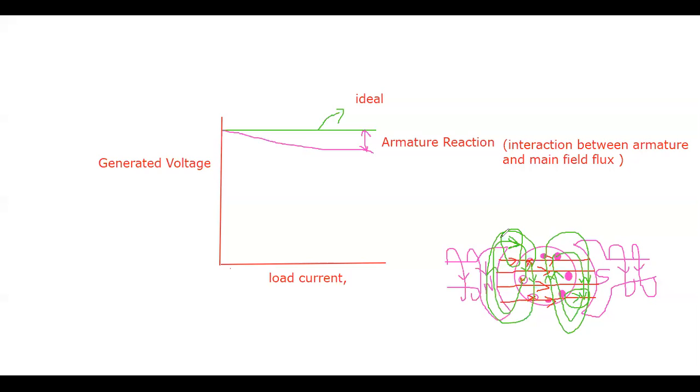Similarly here, this one becomes a higher value and this one a lesser value, right? Due to this, the magnitude of the flux gets reduced.